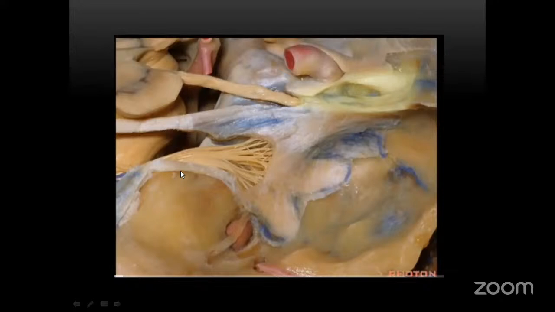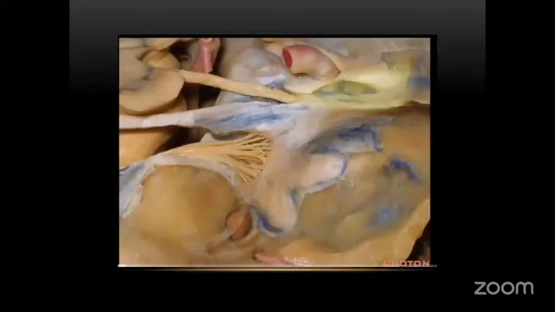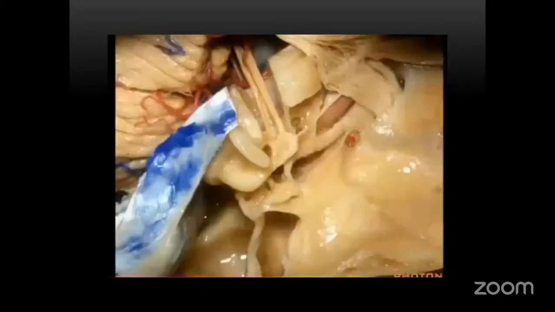Our target will be, now we have entered through the clivus. We will enter this one, this area below the trigeminal nerve. We will go above or downward. This is the cerebellum. Look here.